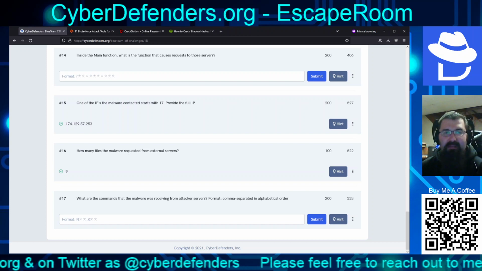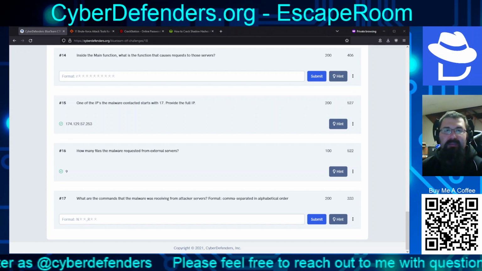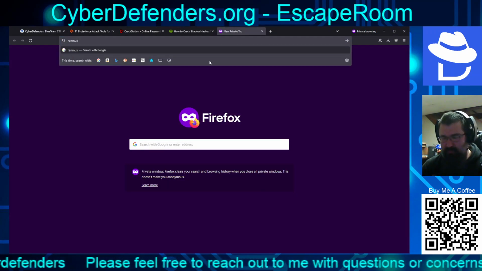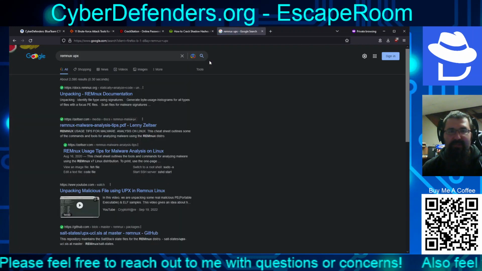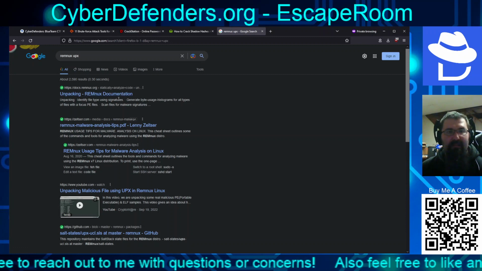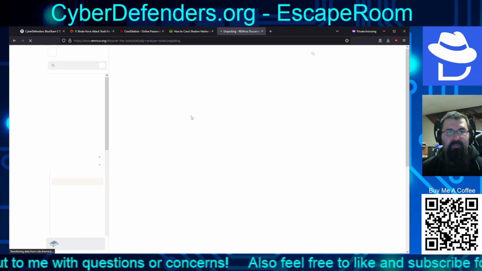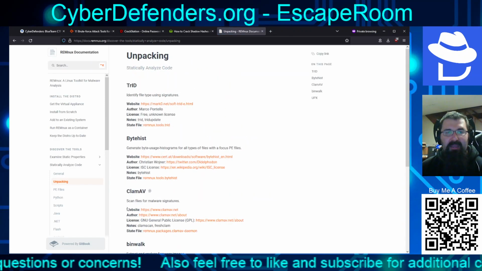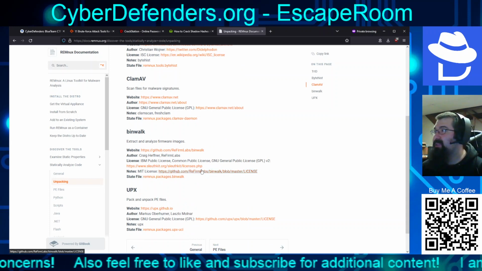Does Remnux have UPX? I might just have to spin up Remnux. Try ID. Yes, it does. It has UPX because we haven't had to do anything yet with UPX.